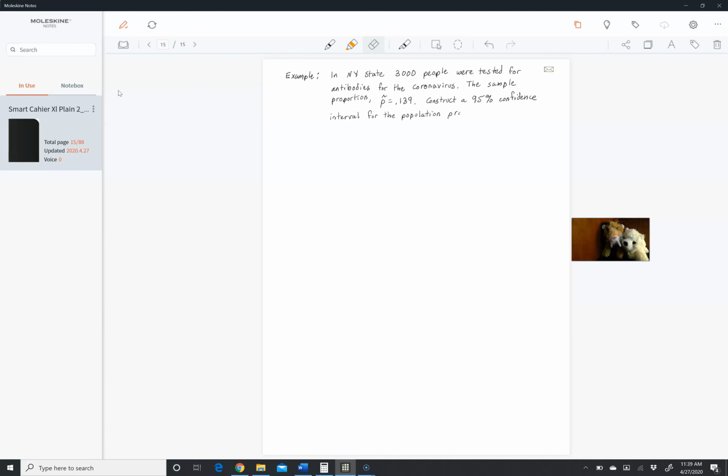It is really important to understand that when you get a number like this, you can't just assume that 13.9% of the population would test positive for antibodies. That's actually really unlikely, but we could create a pretty good interval. All of this assumes that it's a random sample, and they said it was a random sample here.